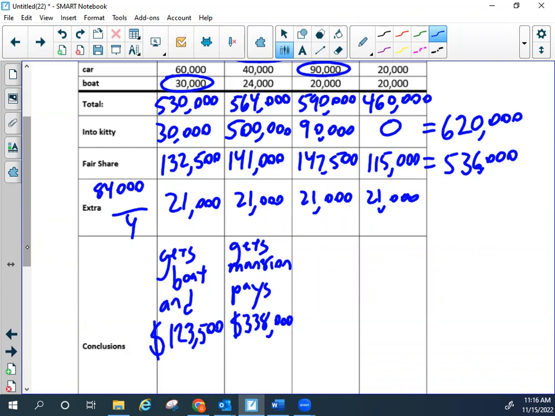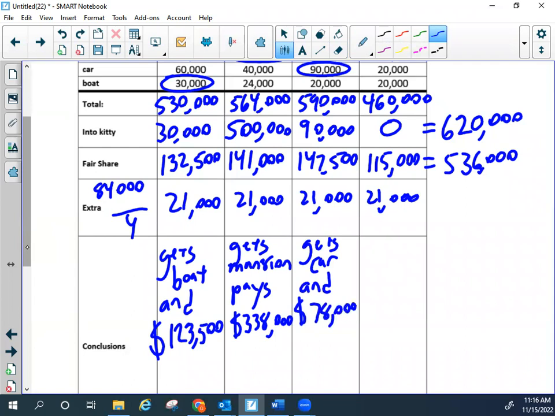For Ginny, negative 90,000 plus 147,500 plus 21,000. That's still going to come out to a positive number. So she gets the car, but also gets $78,500.